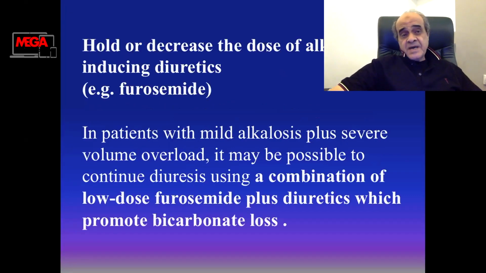Also, at the same time, you have to hold or decrease the dose of alkalosis inducing diuretics such as furosemide or Lasix. In patients with mild alkalosis plus severe volume overload, it may be possible to continue diuresis using a combination of low dose furosemide plus diuretics which promote bicarbonate loss, such as acetazolamide and spironolactone.